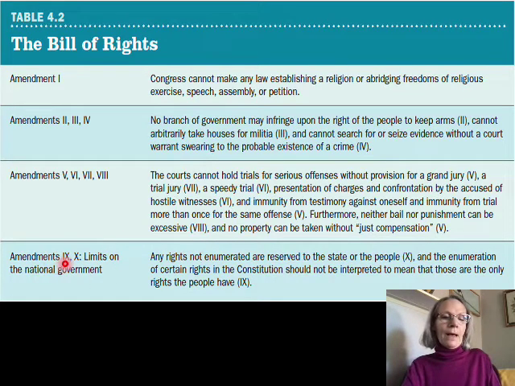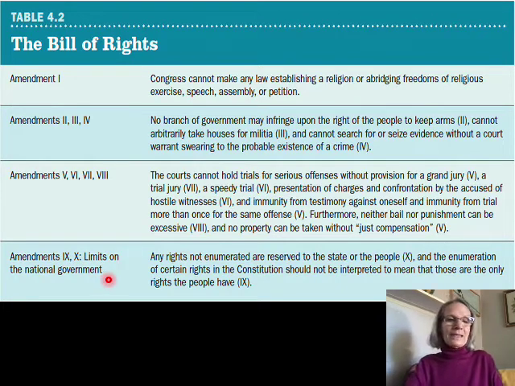And then finally, Amendments 9 and 10 place limits on the national government that open up some space for both the people and the states. We talked about Amendment 10, the Reserved Powers Amendment, in last week's lecture, so you can review that.